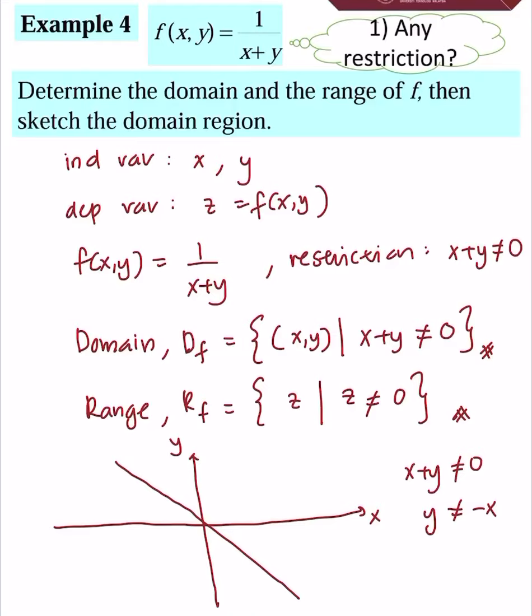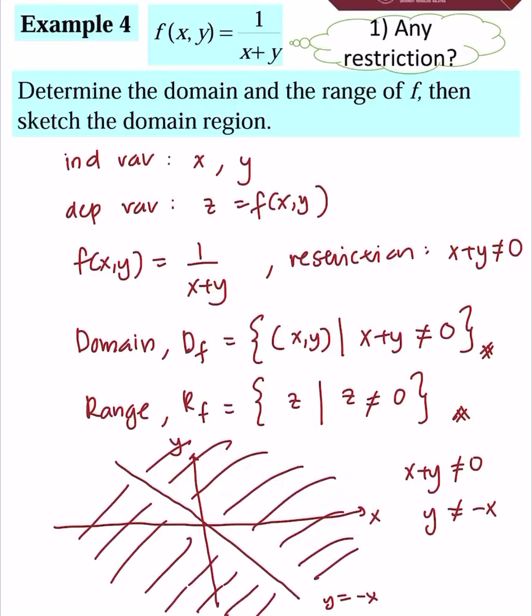The points can be any number, as long as they do not touch the line y equal to negative x. So the region can be here and can be here, but it cannot touch the values on the line.